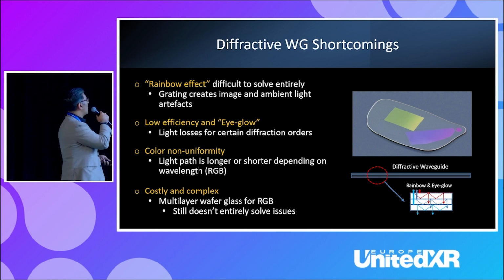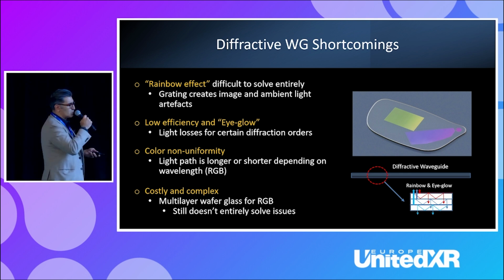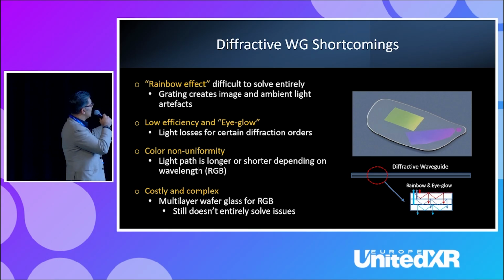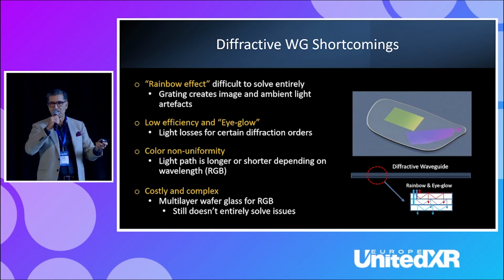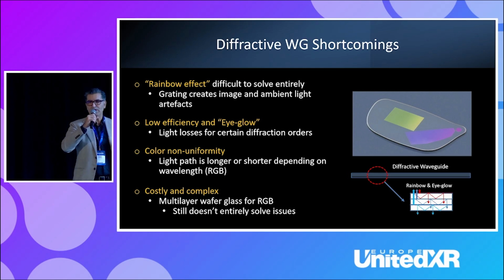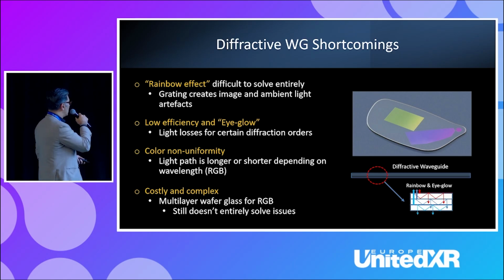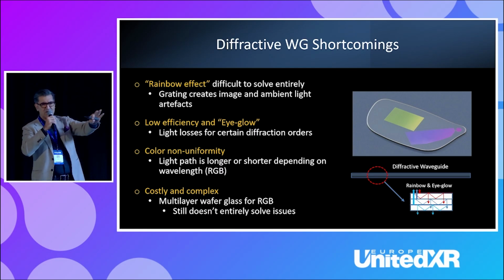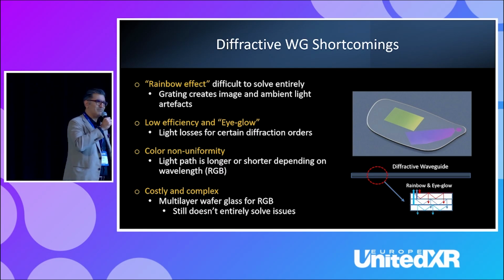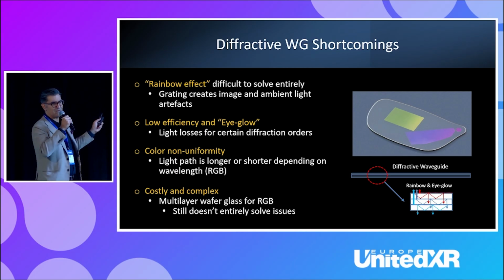They suffer from a color non-uniformity, so the light path is slightly longer or shorter depending on the wavelength. So R, G, and B are not treated the same way when you're treating different diffraction orders. And of course, they're quite costly and complex. That's debatable, right? The diffractive guys will tell you, no, they're cheap. Well, it's kind of difficult to manufacture these.